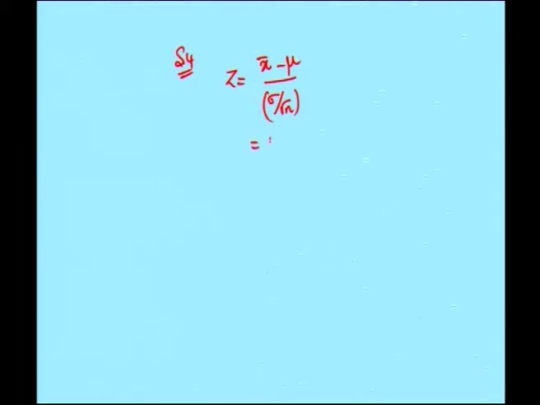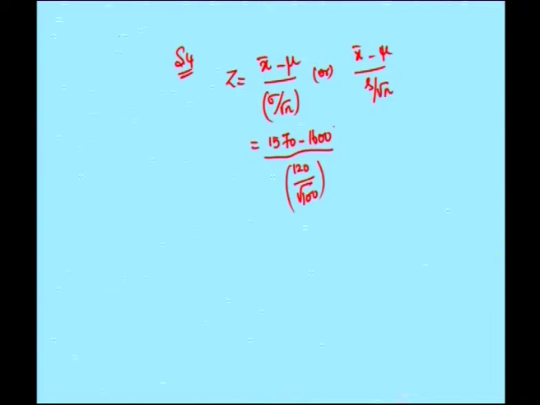Substitute all the values: 1570 minus 1600 divided by, if sigma is not available, you can take the sample standard deviation. So, the sample standard deviation is 120 divided by root of 100.